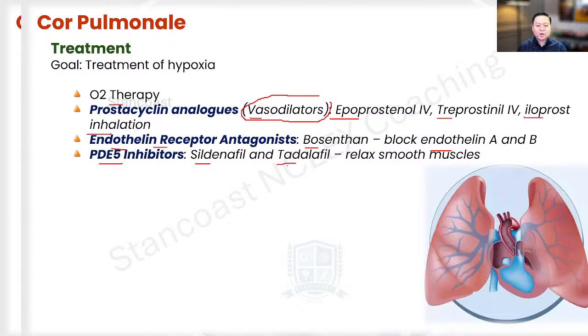It doesn't work for this patient to treat the ED, but here, this medication will help in relaxing the smooth muscles in the lungs.